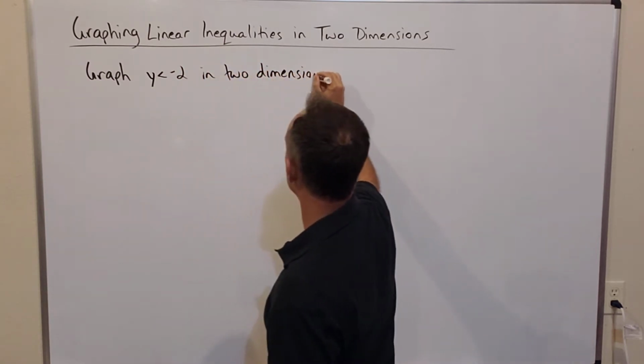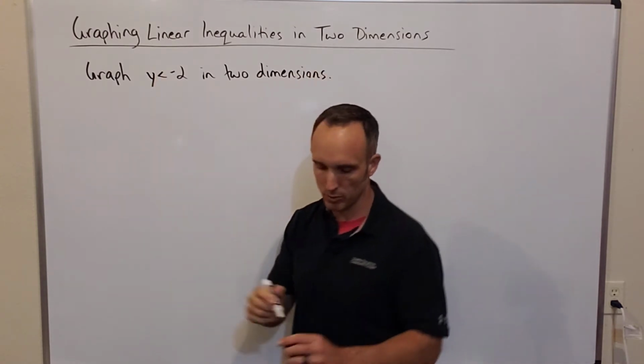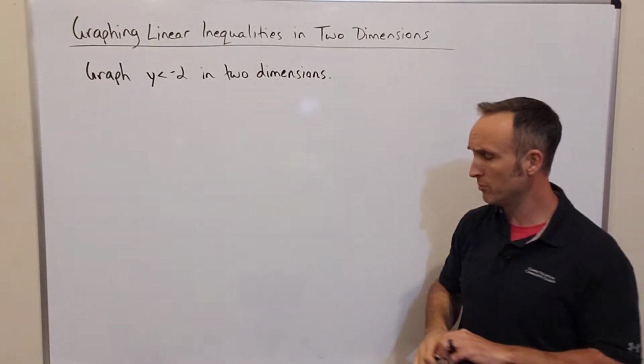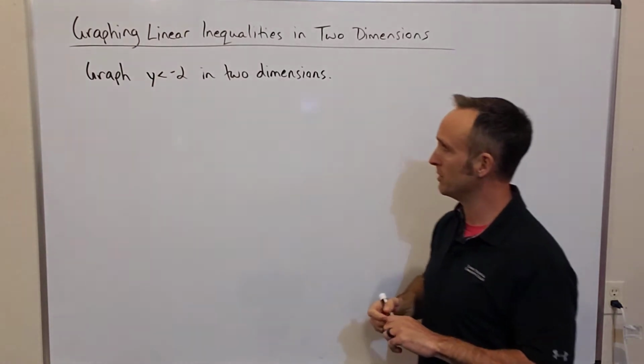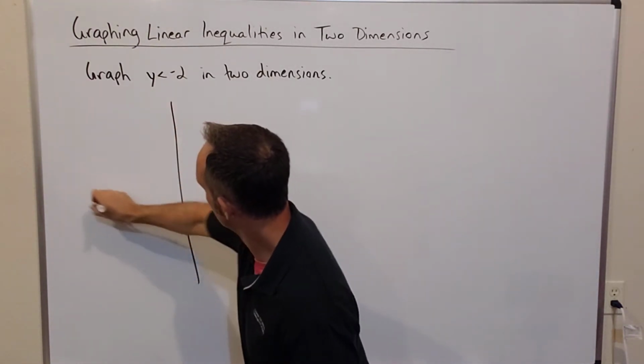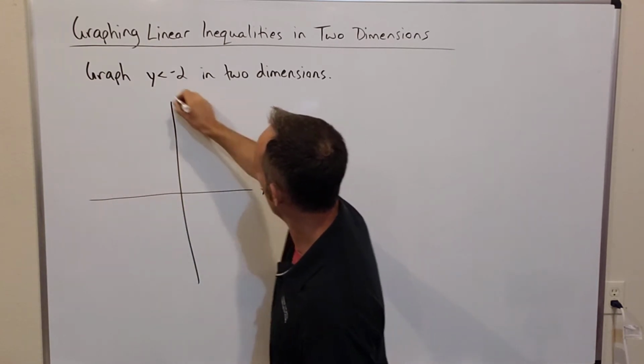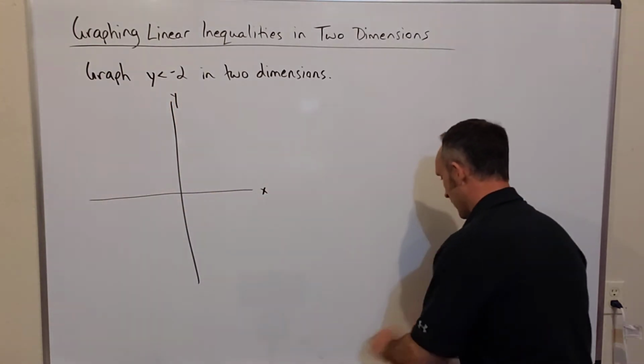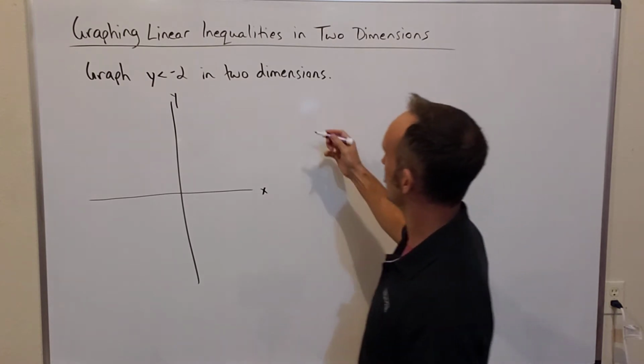Now we could do it in 1 dimension because it's one variable, but we want to do it in 2 dimensions. We're going to jump right to the 2-dimensional case. So let's set up our plane. This is our x-axis and our y-axis. And the first thing we need to do is graph the boundary line.